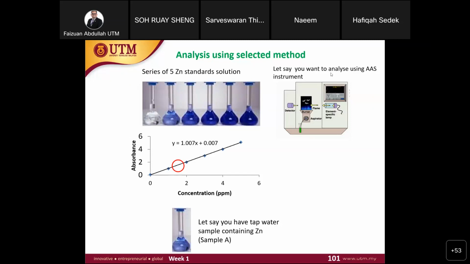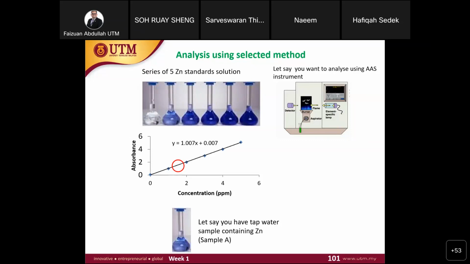Look at the red circle. The instrument detects the absorbance in the red circle, directly relates it to the knowledge of concentration that we taught previously, and converts it into concentration. This is actually 1.3 ppm. Good one, instrument.